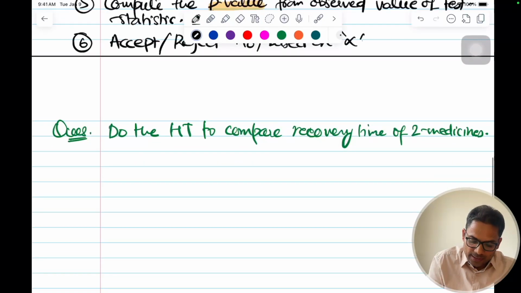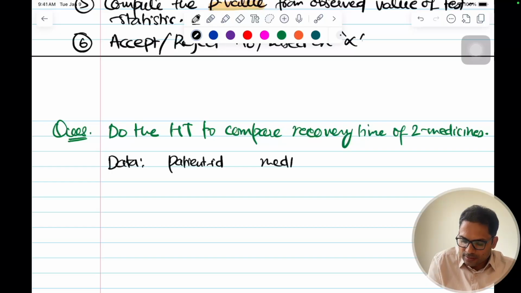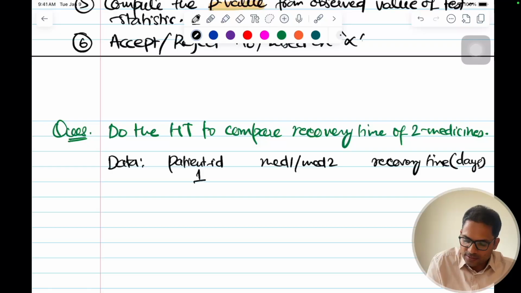For example, the data is in the format that you have patient ID, then whether medicine 1 or medicine 2 was given, and then the recovery time in days. For example, patient ID 1, medicine 1 was given, and the recovery time was like 7 days. Patient 2, medicine 2 was given, recovery time was like 8 days. 3, and so on, like that.